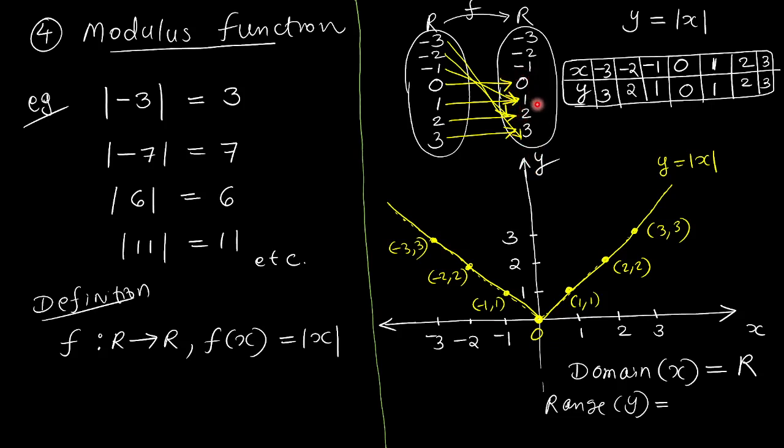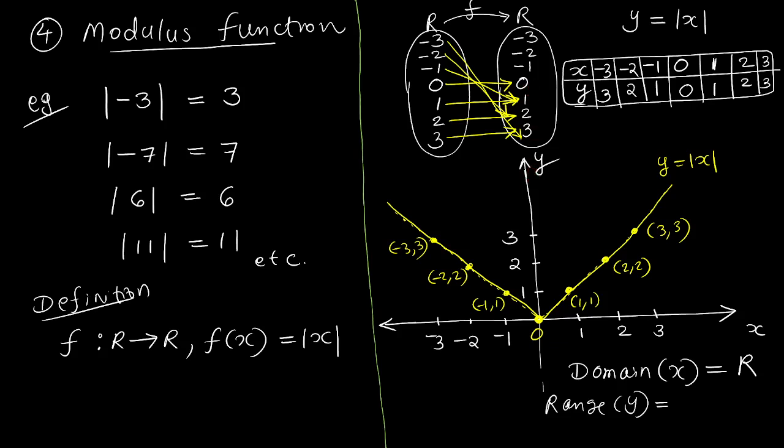The range means the set of values of y, or the numbers on which the arrows end. The set of these numbers will be the range. You see that the values of y are only positive numbers and 0. No arrows are ending on negative numbers. Arrows end only on the positive real numbers, including 0.